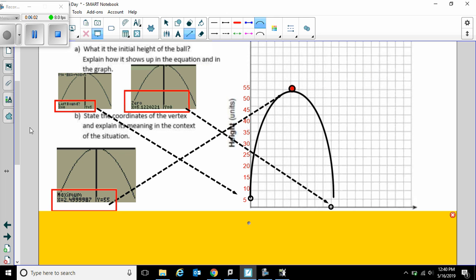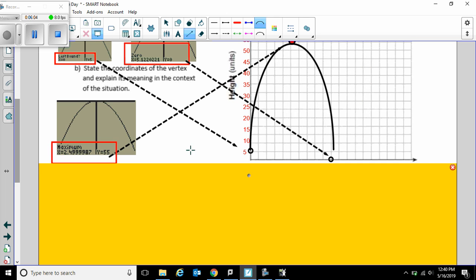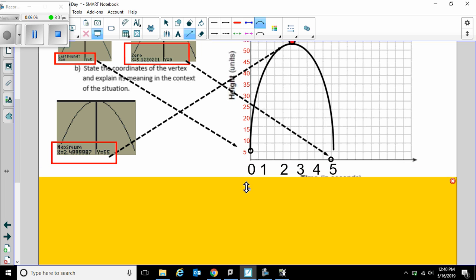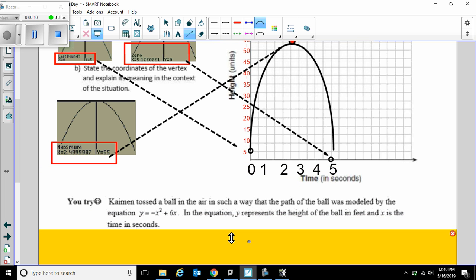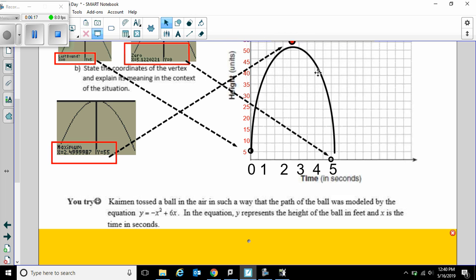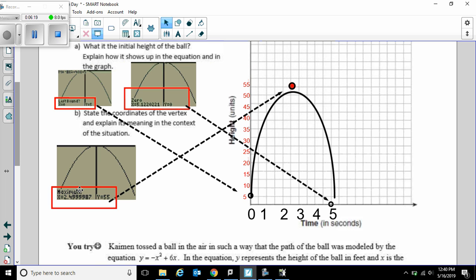My thinking is the big picture is not for it to be perfect, but for it to give me enough to be able to answer questions that come up on the regions. So what have we done? We've stated the vertex. Vertex is 2.5, 55. We've stated the starting point, and we've stated when it comes back to the ground.